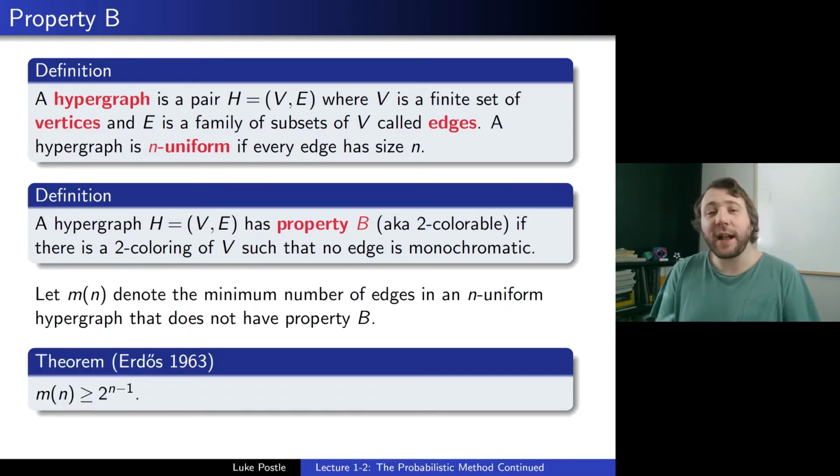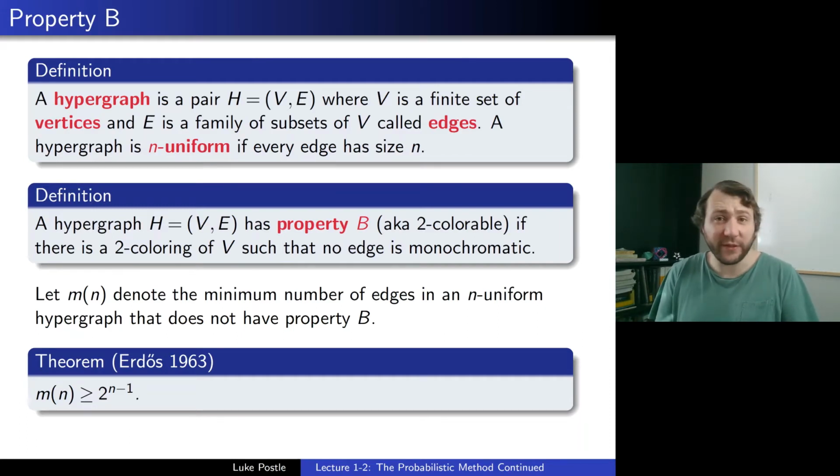There's a nice lower bound by Erdos from 1963 that proves that m(n) is at least 2^(n-1). Right. So again, this doesn't say a lot for a particular uniformity. For example, for graphs, when n is 2, this just says that you need at least 2 edges, which is not that interesting, but the dependence on n here is the interesting part.